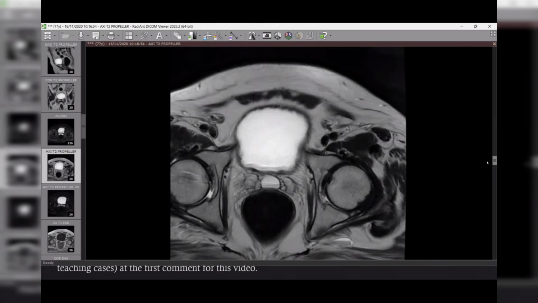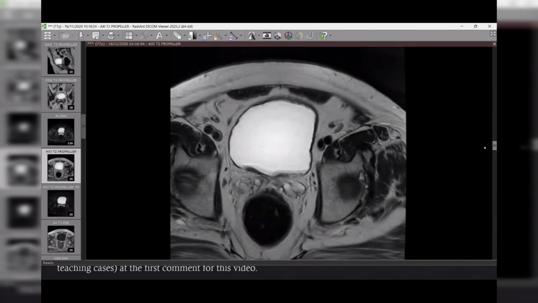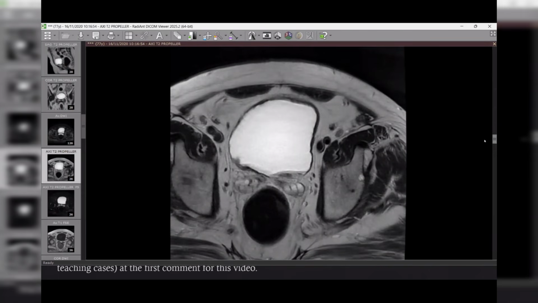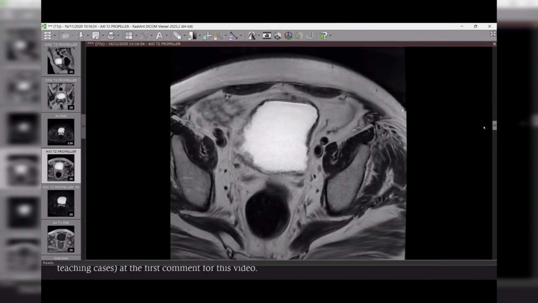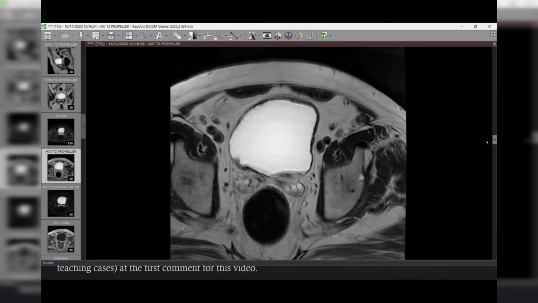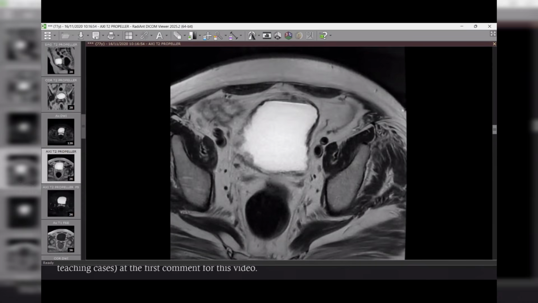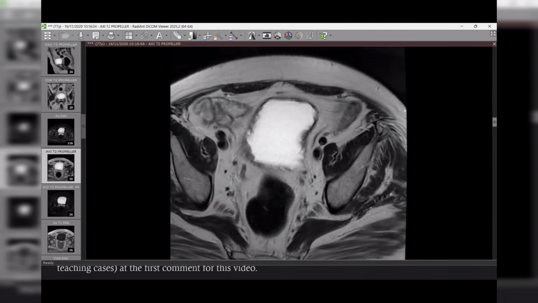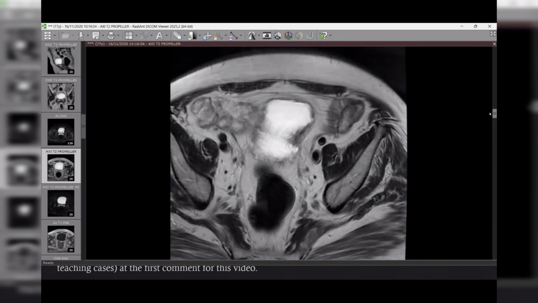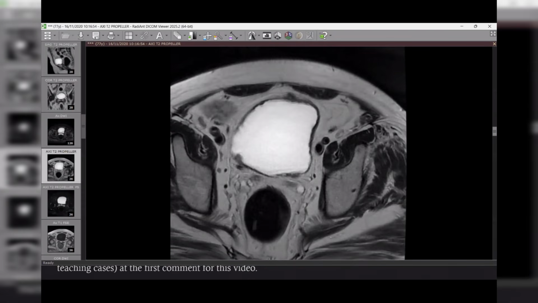The urinary bladder shows irregular wall thickening, and I can appreciate an area of polypoidal wall thickening along the right lateral wall. It seems to be in close proximity to the vesico-ureteric junction.